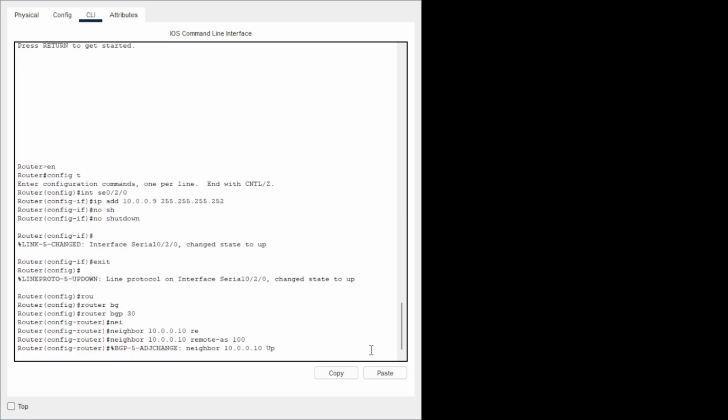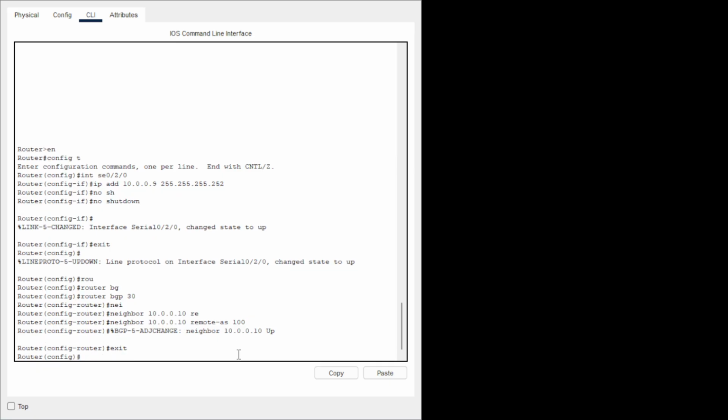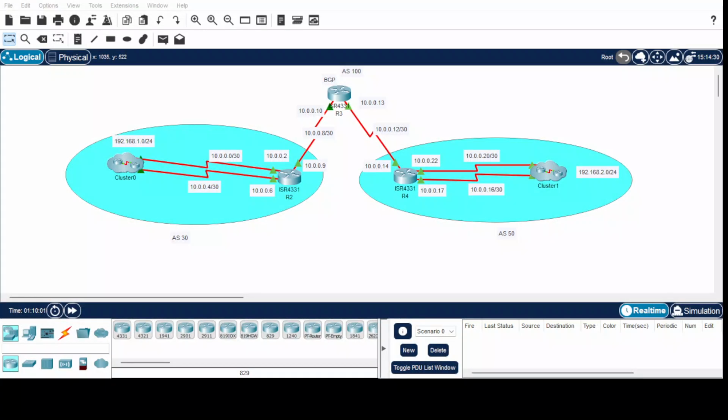Now our neighborship has been created. So exit, switching off router 2. Now the next is done at the edge router number 4.